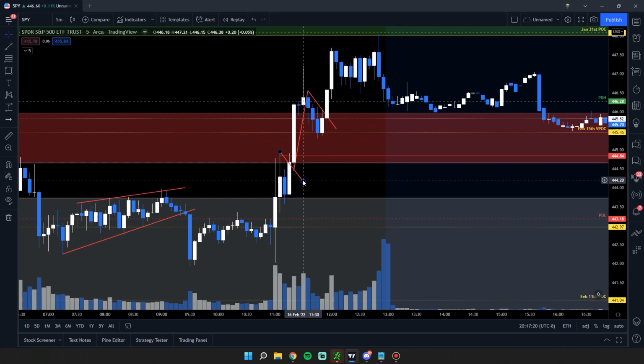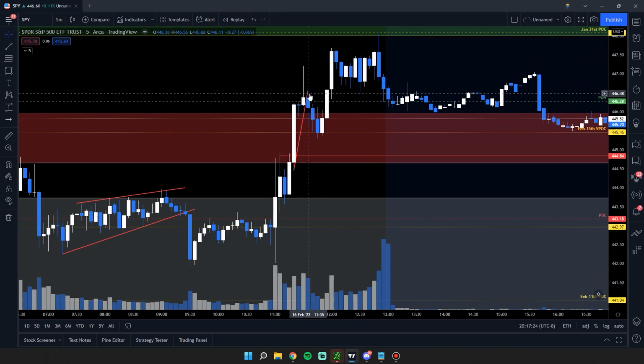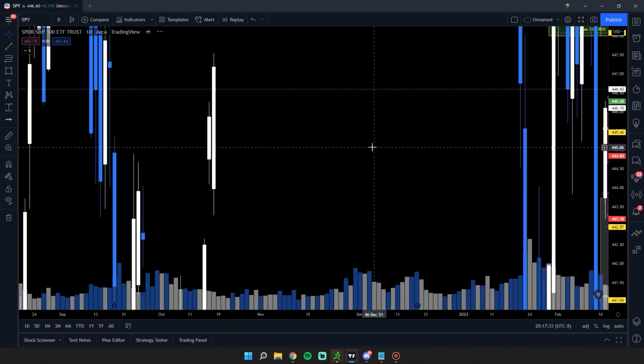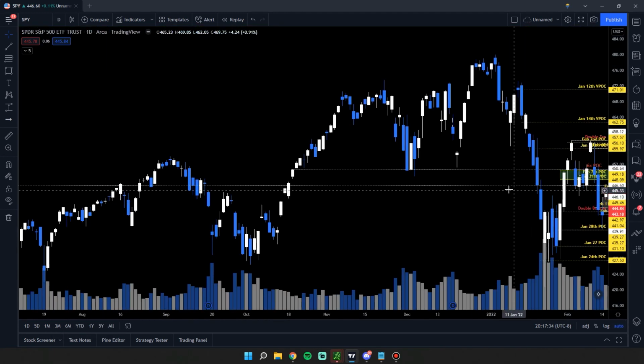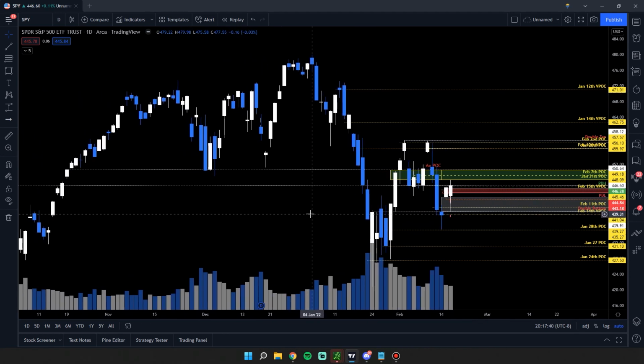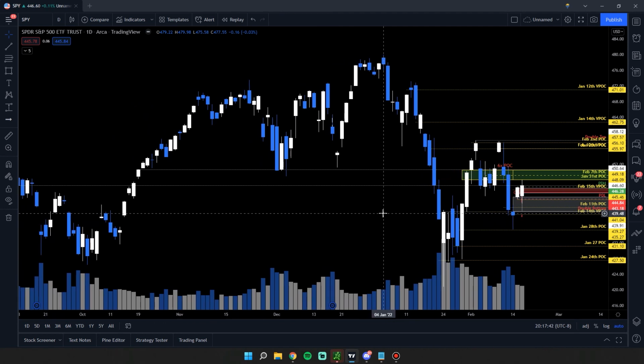So anyway, the lower the time frame, the faster these plays are going to play out. A lot of times you'll see people on Twitter or whatever, they'll post on the 1-day chart.